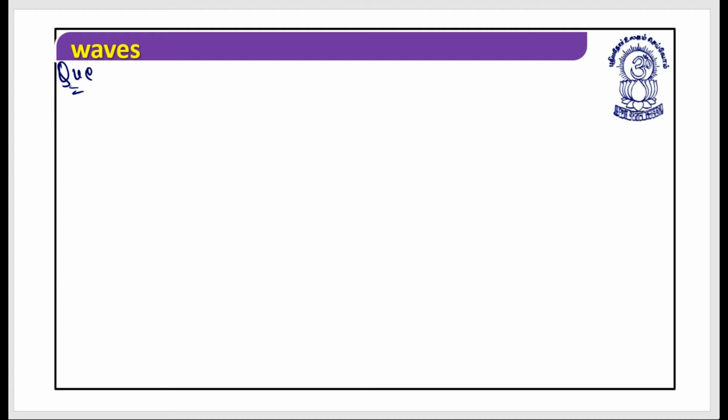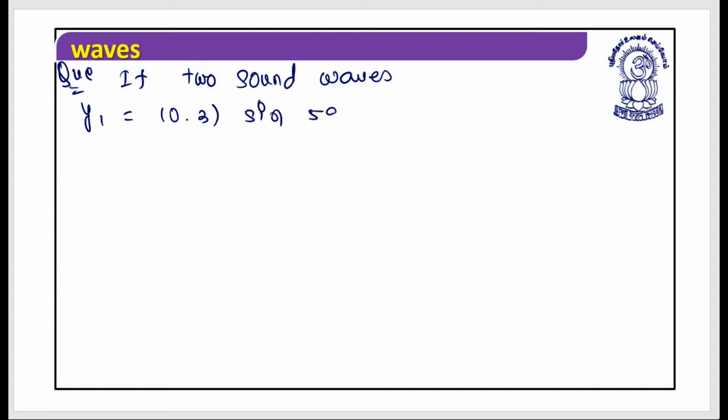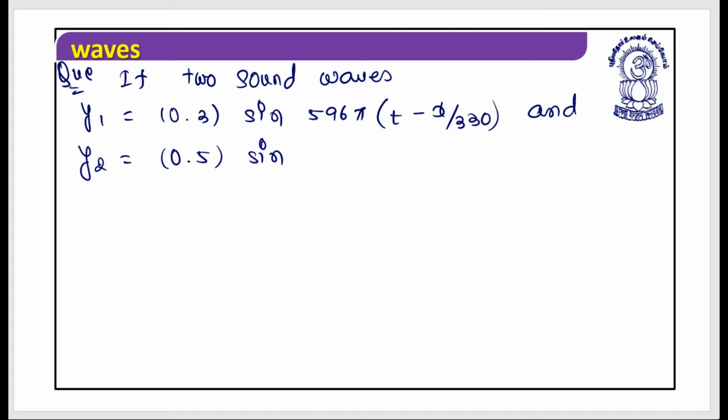Let's suppose two sound waves, y1 is given as 0.3 sine 596 pi into bracket t minus x by 330, and the other wave y2 is equal to 0.5 sine 604 pi into bracket t minus x divided by 330, are superposed.